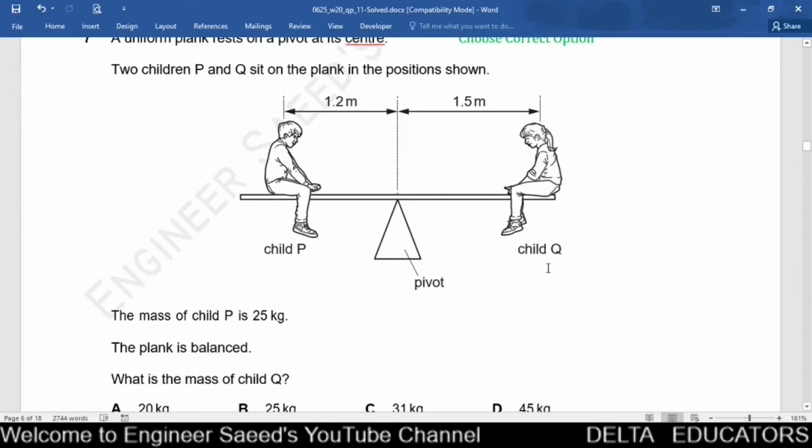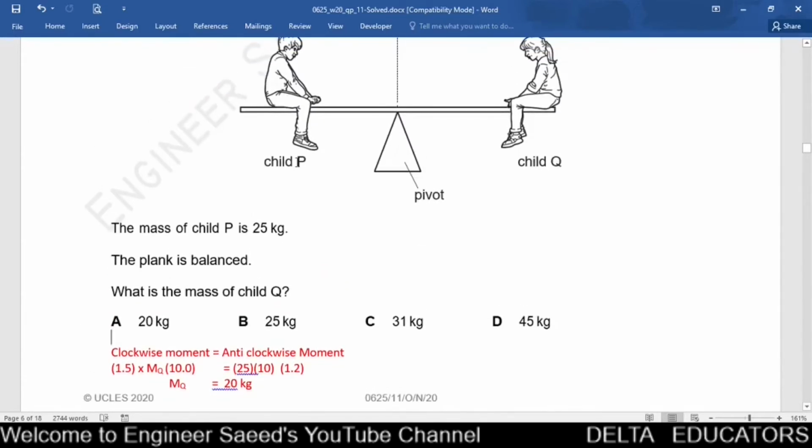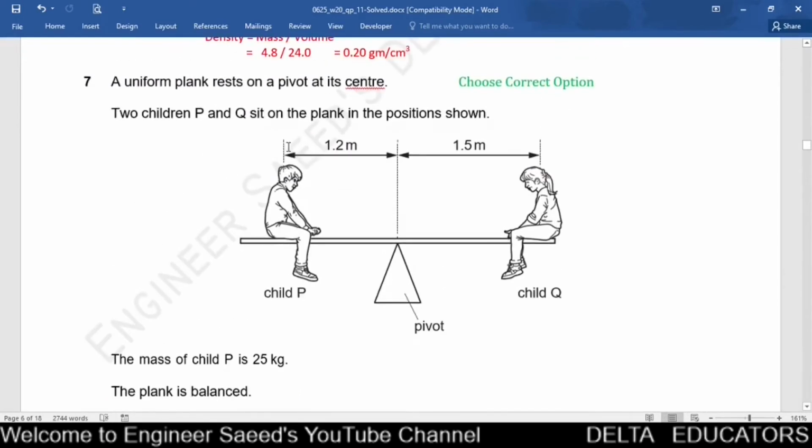Here force is the weight of child Q and moment arm is the distance from this point to the pivot, that is 1.5 meter. So clockwise moment will be equal to weight of the child multiplied by distance 1.5 meter, and anti-clockwise moment will be equal to weight of child P multiplied by this distance 1.2 meter.